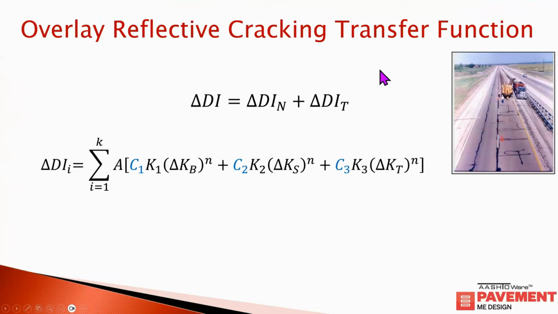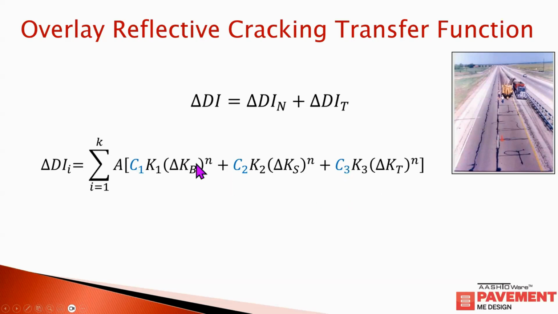With reflective cracking, the accumulated damage is basically going to be a combination of load-associated damage and temperature-associated damage. Breaking that down a little further, this is using fracture mechanics, which is used for the reflection cracking as well as top-down cracking models and thermal cracking models. You have a stress intensity factor, you have coefficients related to the characteristics of the mixture, and then you have the C1, C2, C3 calibration coefficients associated with each one.